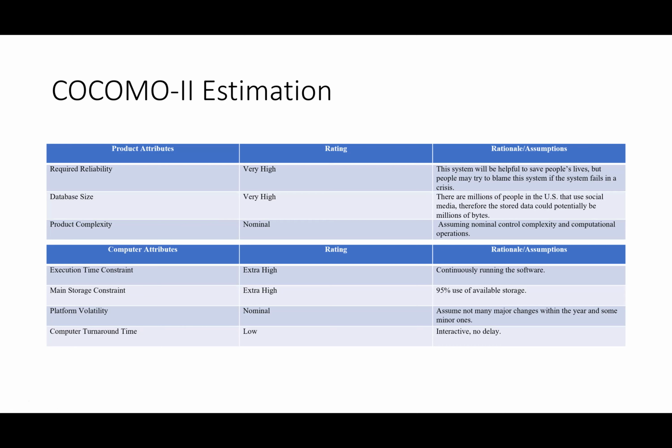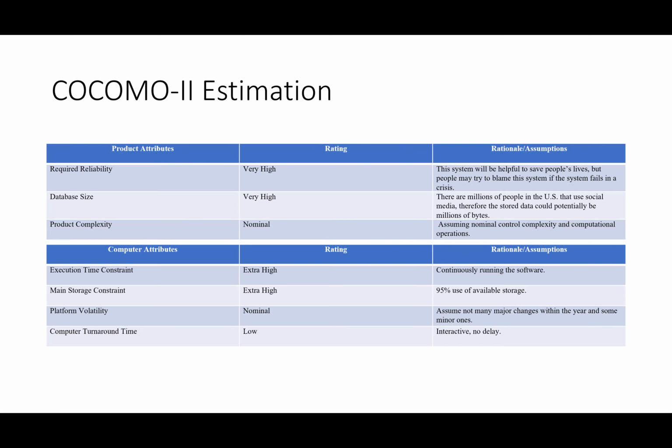So if the system is not working and first responders don't get to somebody in a life-threatening situation in time and the person dies, there may be lawsuits because our software broke down, something to blame. So we rated that as very high.